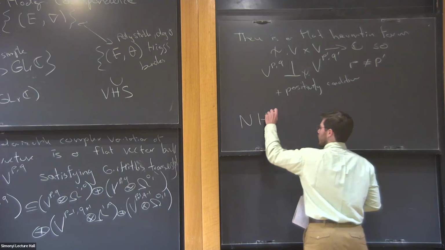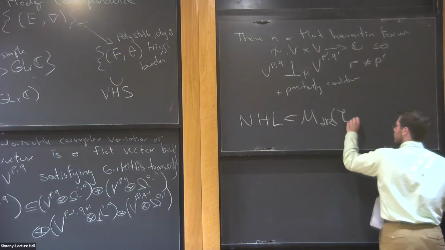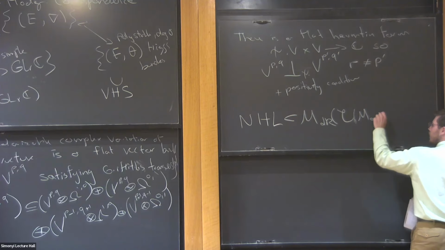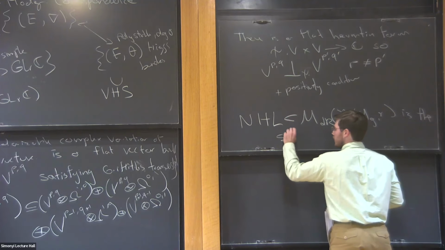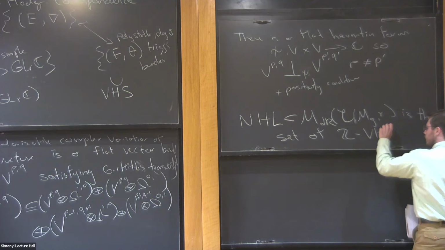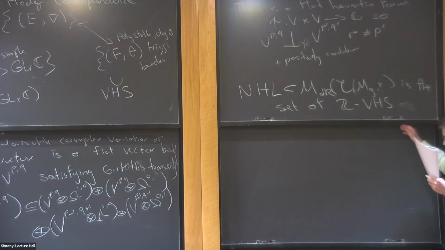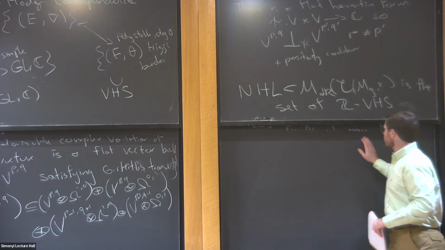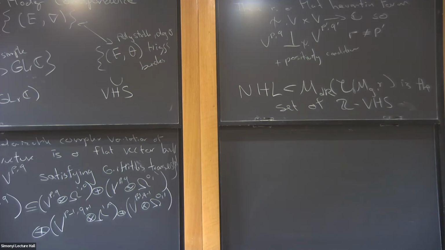The non-abelian Hodge locus in the de Rham space is the set of Z variations of Hodge structure. And what I want to talk about is kind of the geometry of this locus. Any questions so far? And about the big dump of definitions.